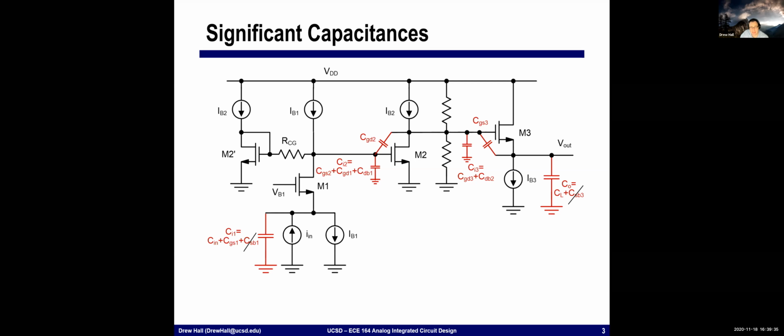And so I'm going to make simplifications like CSB relative to CGS. I know that that's on the order of 10 to 15%. And furthermore, when you couple that with a large Cin fixed capacitance, the CSB is fairly small. So it's a fairly safe bet to neglect that in my first pass calculations. Then I'm going to lump all of the other capacitances that I see at various different nodes.